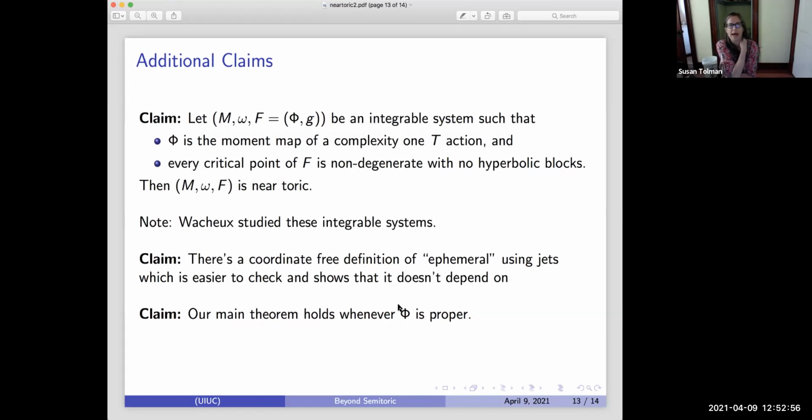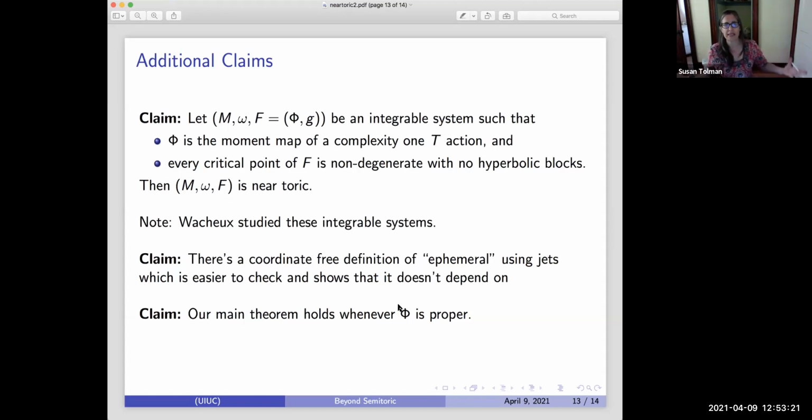So let (M, omega, F) be an integrable system, so that phi is the moment map of a complexity 1 torus action, and every critical point of F is non-degenerate with no hyperbolic blocks. This goes back to what I was saying, the formal definition of non-degenerate. Then (M, omega, F) is near toric in our sense.